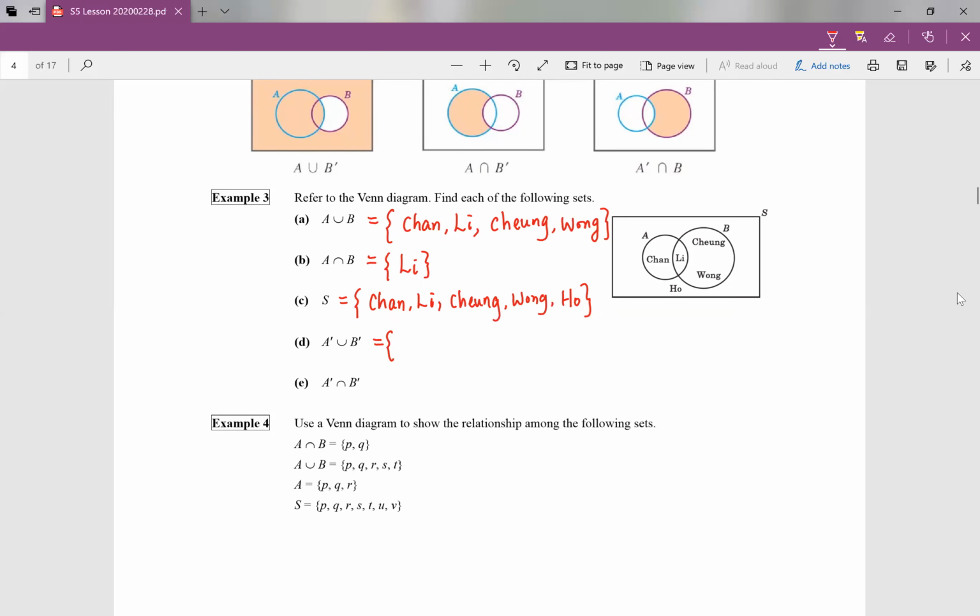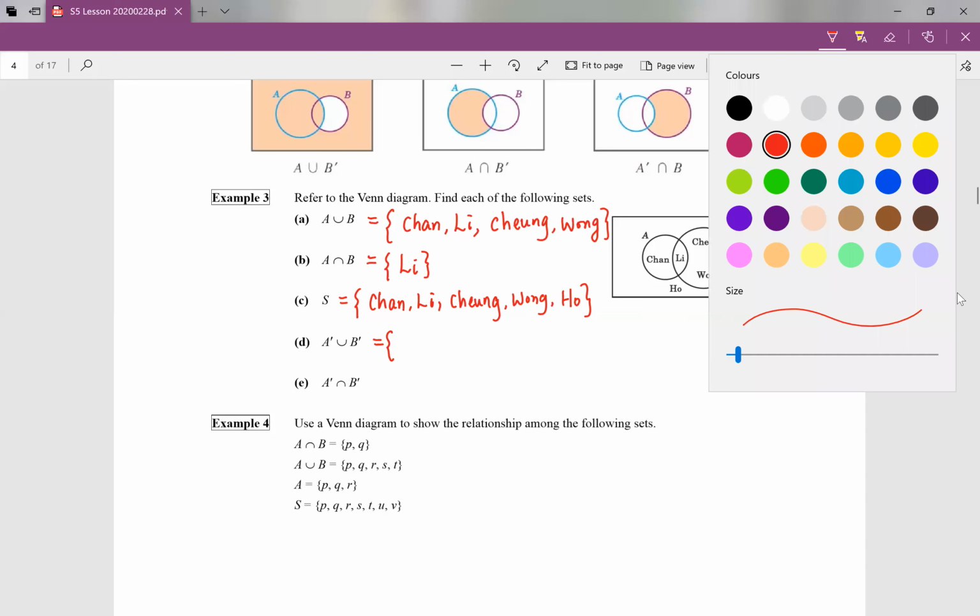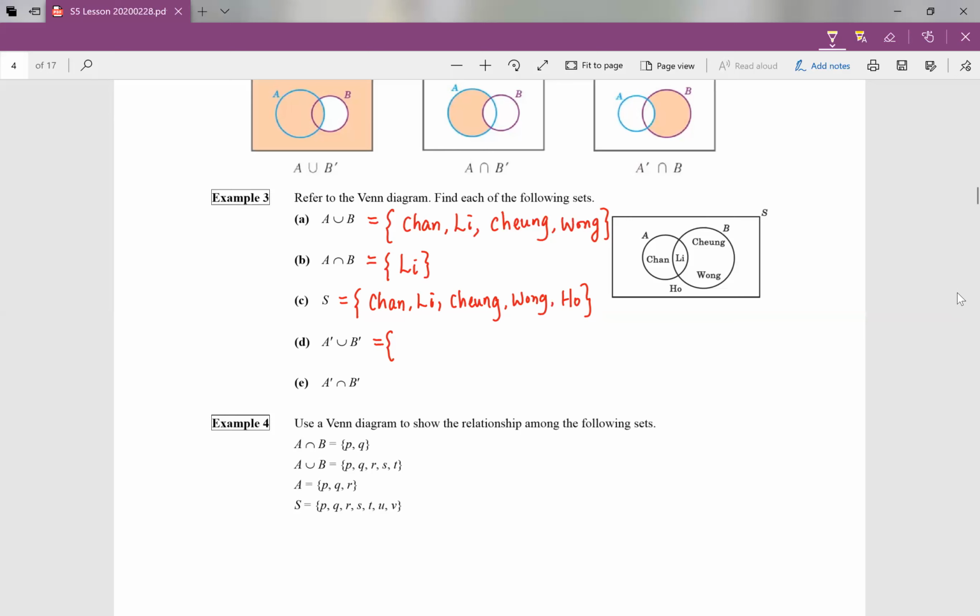A prime union B prime. A prime, A complement. That means everything here, A complement, union B complement.